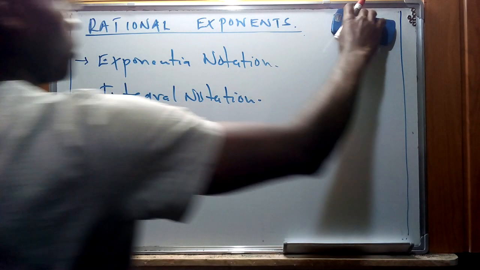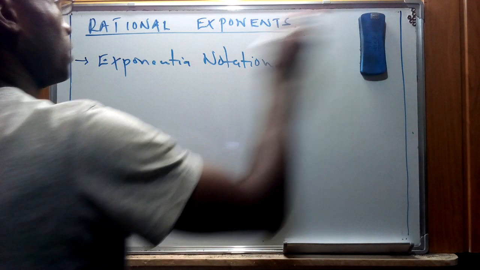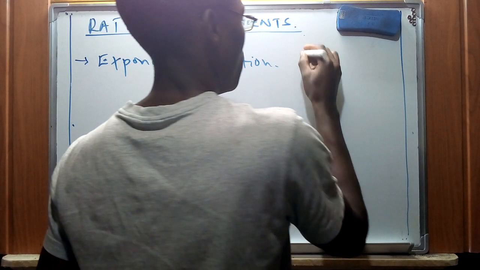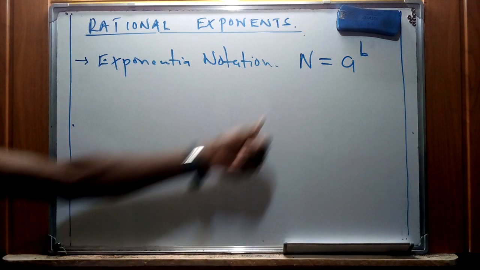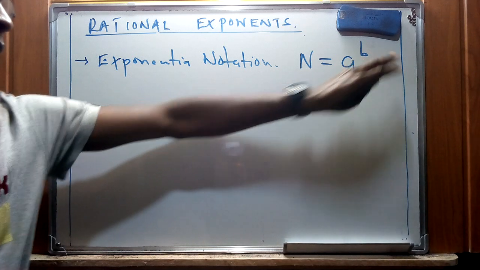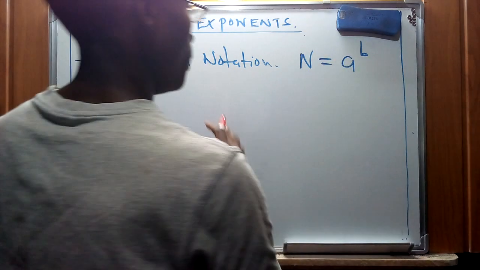In this case, we had given specific examples, and we said that from the first one, we can give an exponential notation. I'm basically going to give a summary of this so that it can assist us to understand our discussion for today. We had given a general representation, an equation which represents a number n that is a product of factors of a base a raised to the power b, and that applies for two conditions whereby b is an integer, either positive or negative.